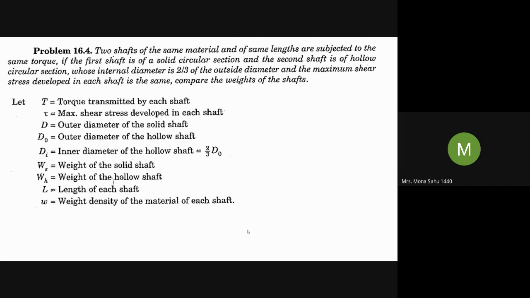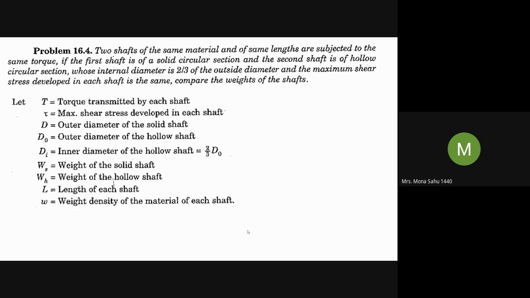We will take torque as T, and then you have shear stress. Outer diameter of the solid shaft, D naught, Di, and then Ws as weight of the solid shaft, Wh, weight of hollow shaft. Length of each shaft is also the same, so let's take it as L. So only the weights are differing.